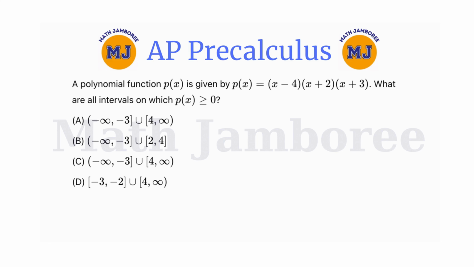To solve this type of question, first you will need to find the roots of the polynomial. These are the factors of the polynomial given, so you will need to make each factor equal 0.